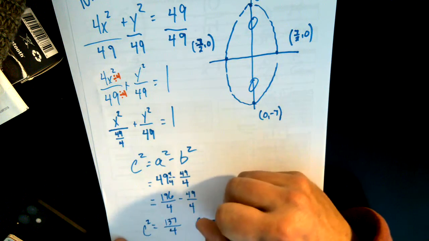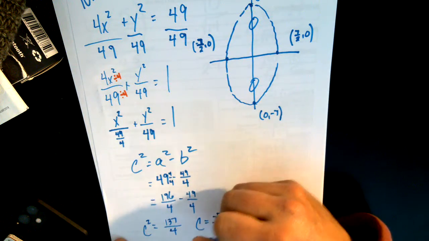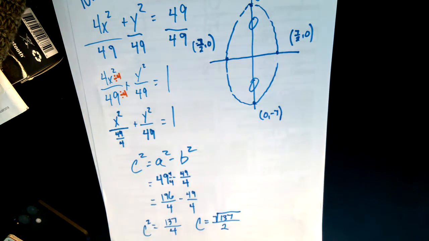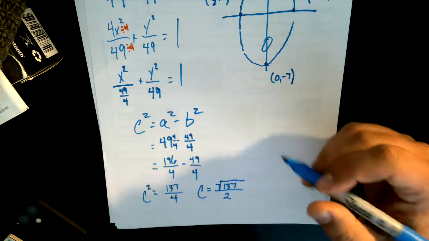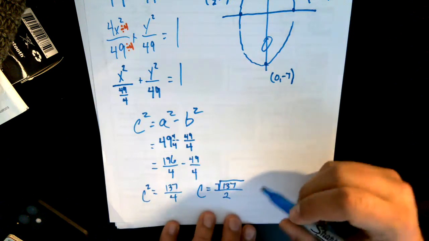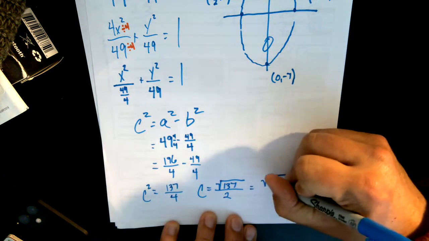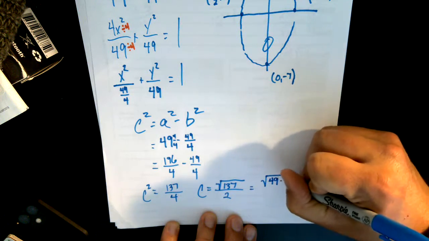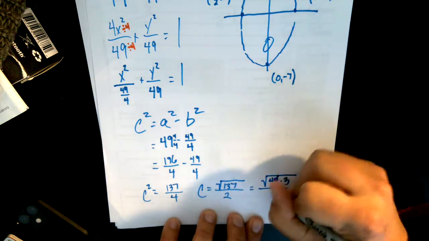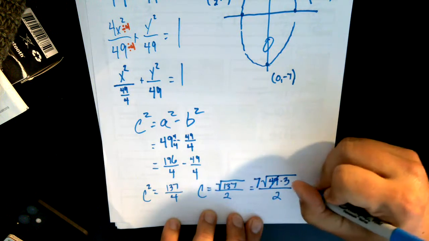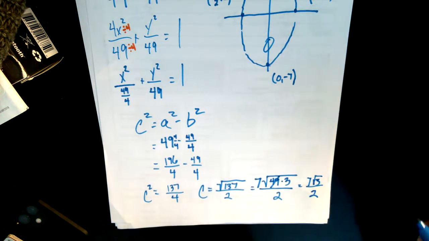So c must be radical 147 over radical 4, which is 2. Now, how do we get this from the answer? Well, radical 147 is actually radical 49 times radical 3. Aha. So the answer is 7 radical 3 over 2 for our c.